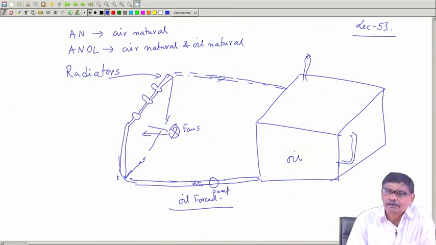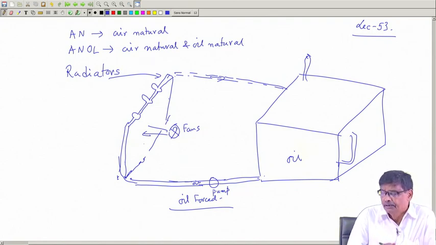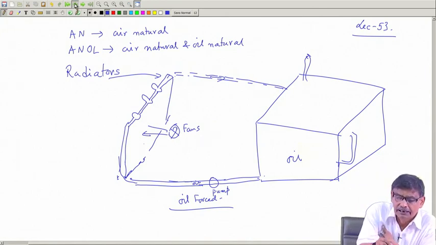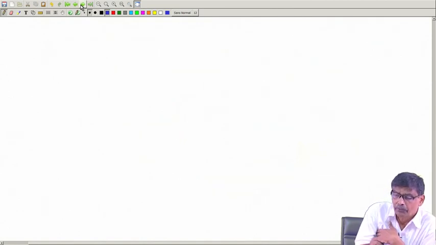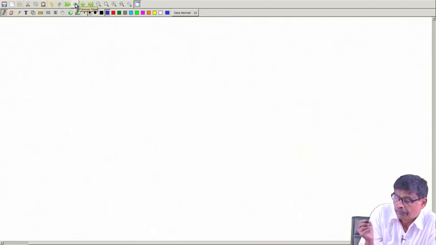For a distribution transformer, simple oil; for a large transformer, it will be like this, maybe hundreds of MVA, housed in power stations. So, this is in a nutshell about the cooling. Only one thing I will leave as an exercise to you: what about the output equation of a transformer?